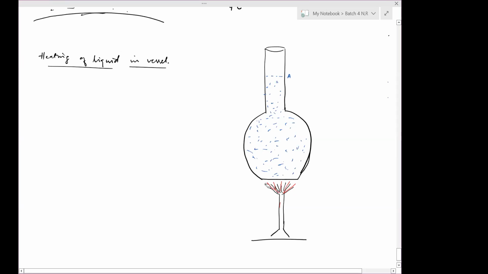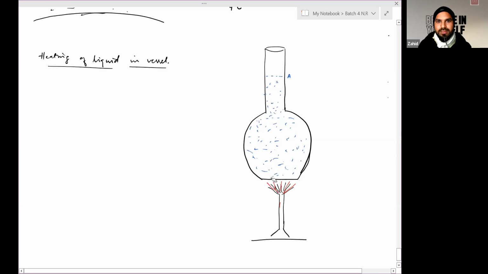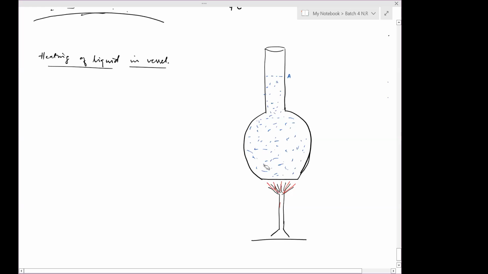Then afterward, due to conduction of heat through the vessel to the liquid, the liquid tends to increase its volume, hence the level of liquid starts rising up. Is it clear? Yes, sir.